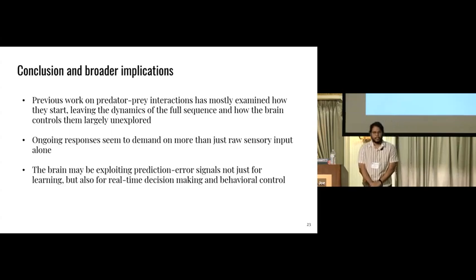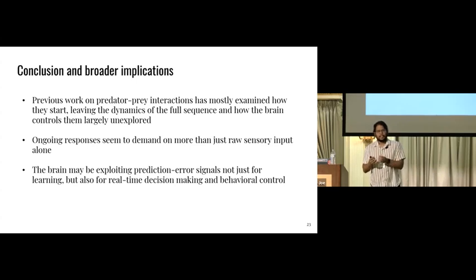There has been, again, the prediction error thing that I told you, that is how a lot of organisms used to learn. And there have been recent papers in zebrafishes which also show that they use it, like they could be using it for something more. And we show in our experiments that they're using it for real-time decision making. So we think that's a take-home message that I was saying earlier.